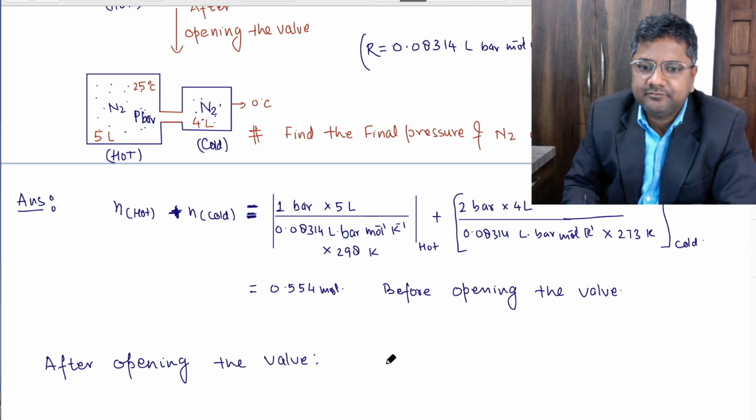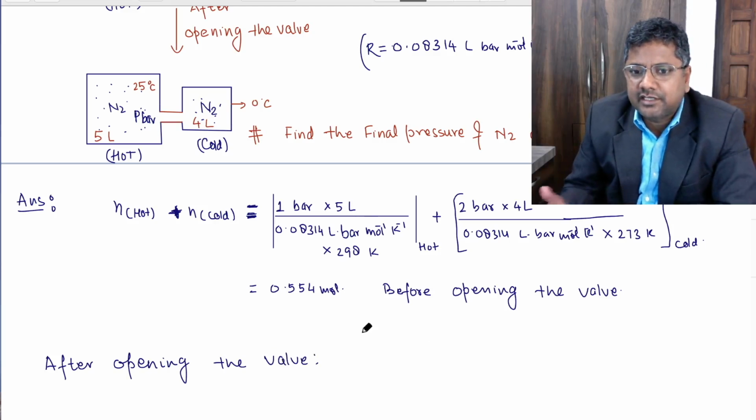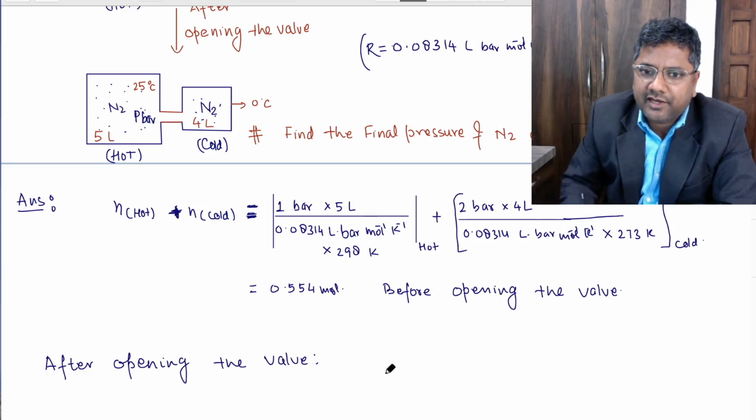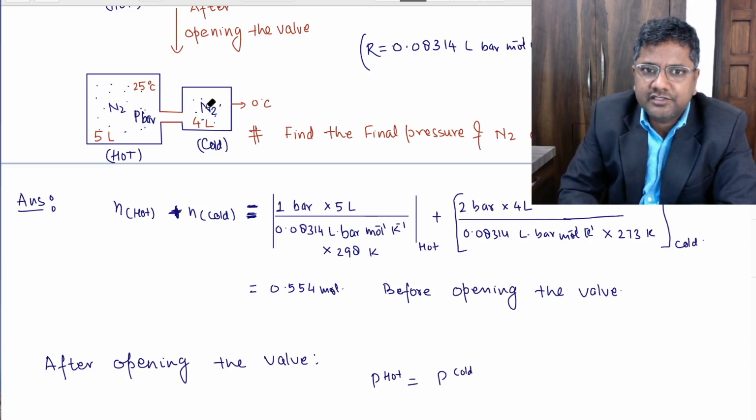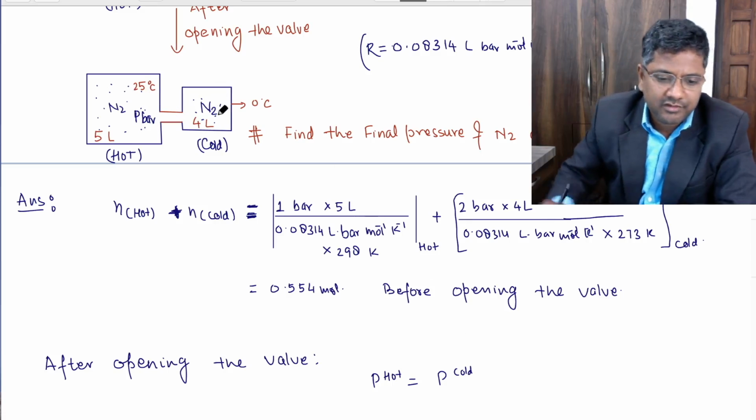what will happen? There is transfer of gas from high potential to low potential, and finally you will have P hot is equal to P cold. Means pressure in the hot region is equal to the pressure in the cold region, right?